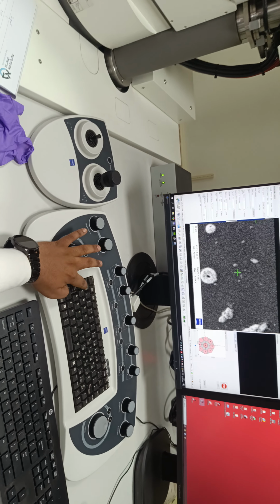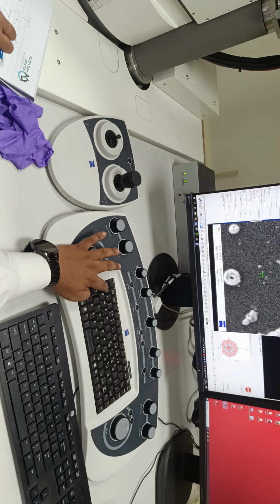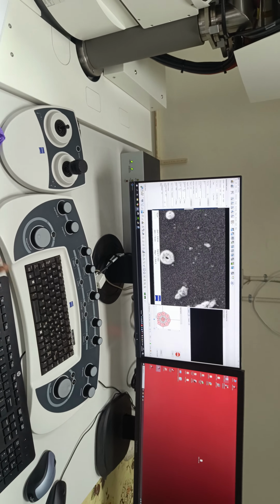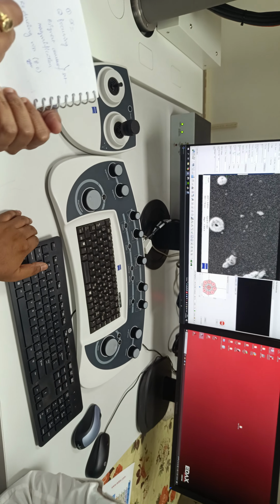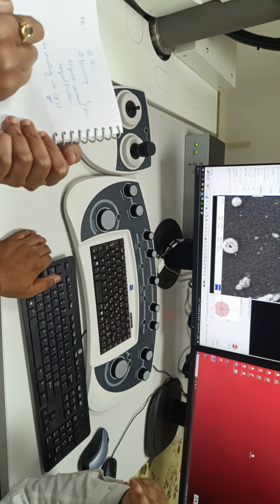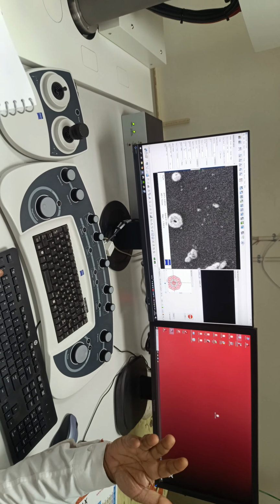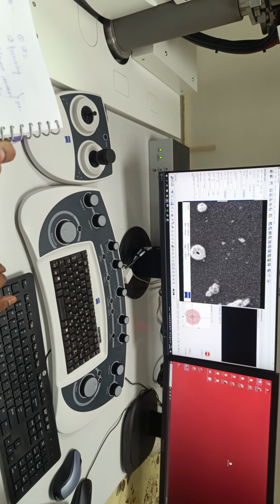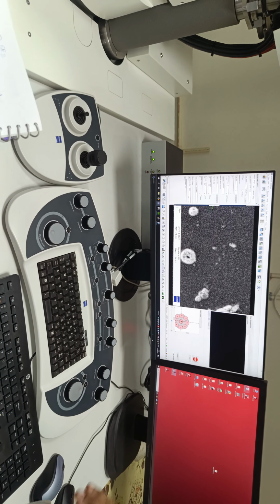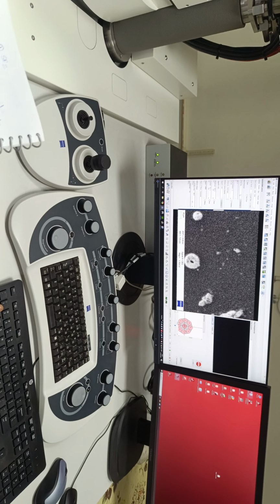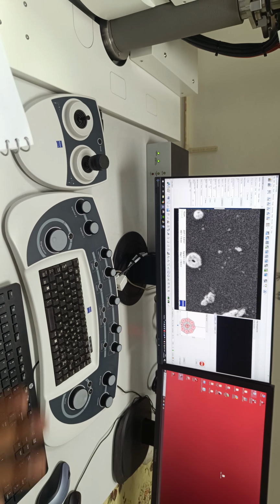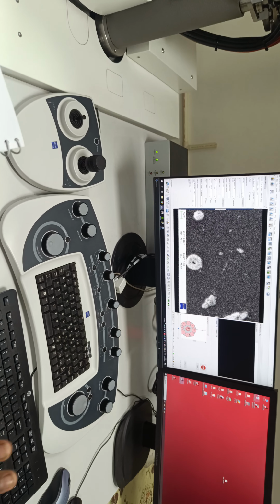What are those plus and minus buttons, sir? Scan speed. When we are observing the image, you can go for a higher scan speed. But when you are taking the final image, your scan speed should be as low as it can be.